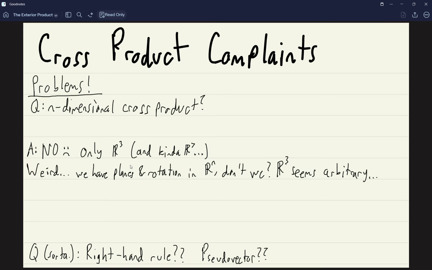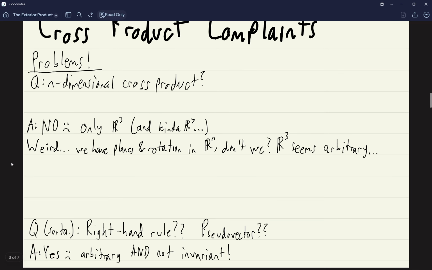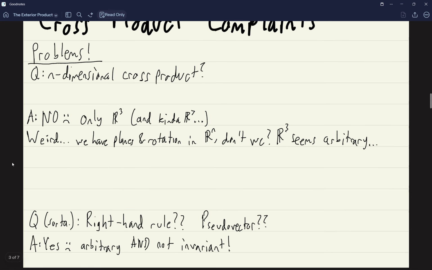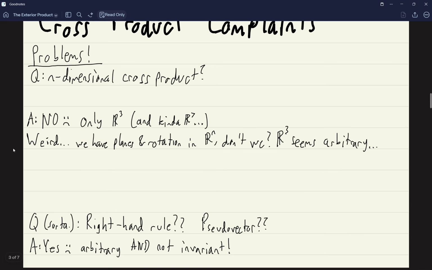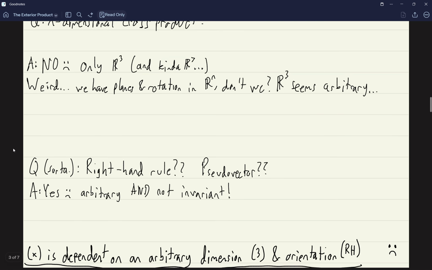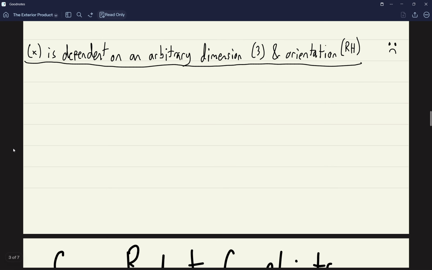These quote-unquote pseudo-vectors sometimes mess with that. It's another arbitrary choice, like it could have been the left hand, and it's also not invariant under all of the transformations we expect it to be invariant under. So our big problems are that the cross product has these arbitrary choices, and that makes it clunkier to work with and think about.